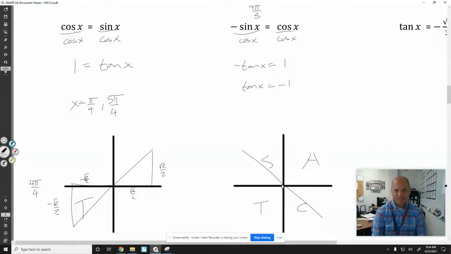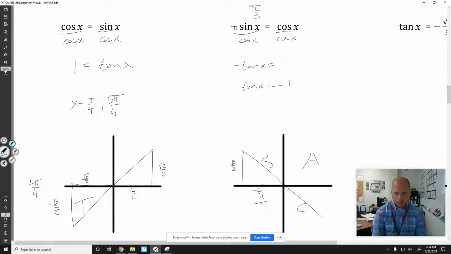Okay? It's not just what people think, which is, oh, it's got to be the fourth quadrant, sine's negative, cosine's positive, this pi over 4. No. We want this one because it's really saying when are sine and cosine opposites of each other. Take this, 45, 45, 90. This is negative root 2 over 2, and this would be positive root 2 over 2, right?